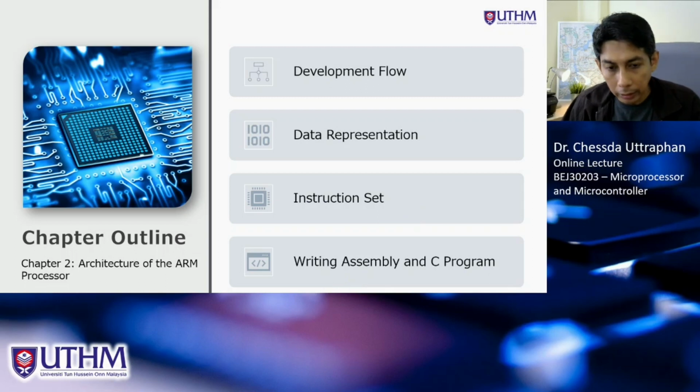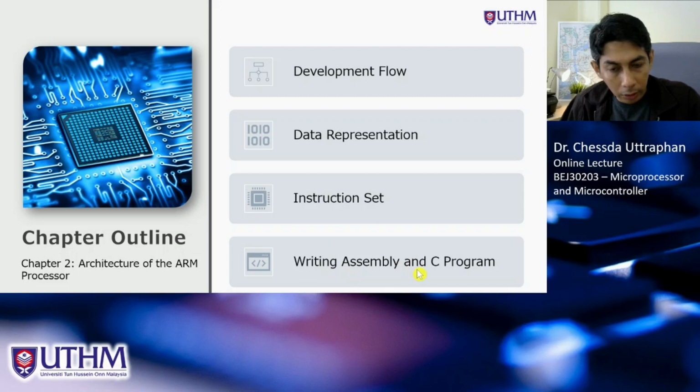Right. So the program for microcontroller or microprocessor can be in the form of two languages. First one is the low-level language, which is the assembly language, where we use a set of instructions to write the program for the microprocessor. That is called the assembly language.